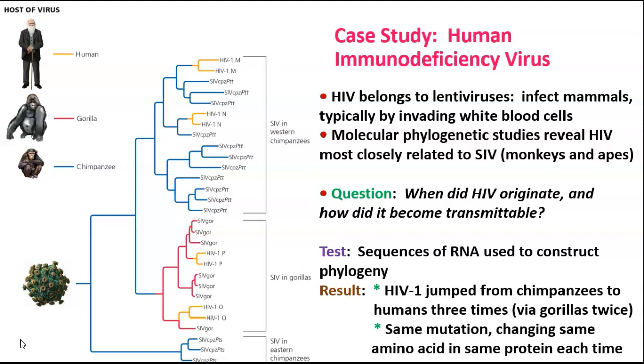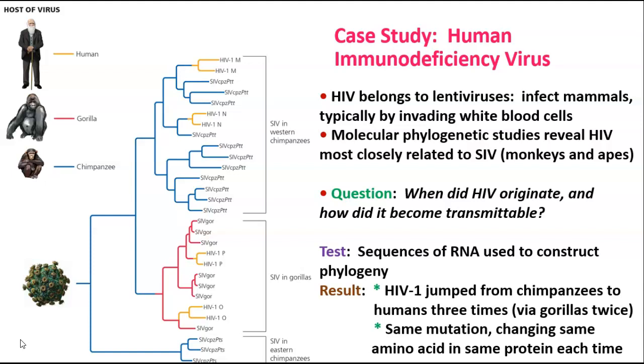Well, HIV belongs to a group of viruses called lentiviruses, and lentiviruses infect mammals broadly, and typically they invade white blood cells of mammals. Well, molecular phylogenetic studies reveal that HIV is most closely related to SIV, which is simian immunodeficiency virus.